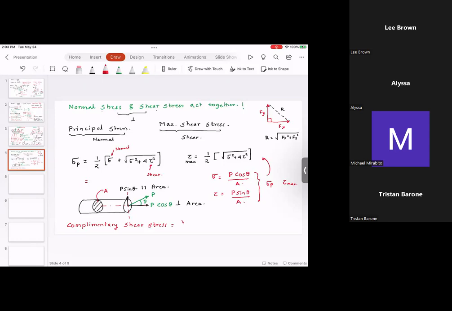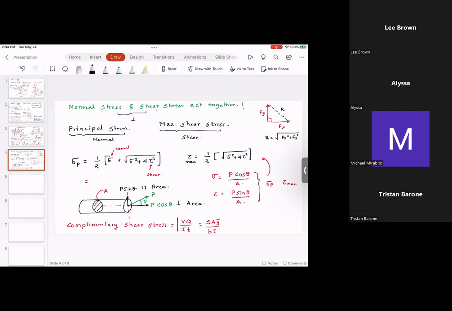So depending upon which textbook you use, there is the equation VQ divided by IT, or sometimes this equation is SA y bar divided by BI.